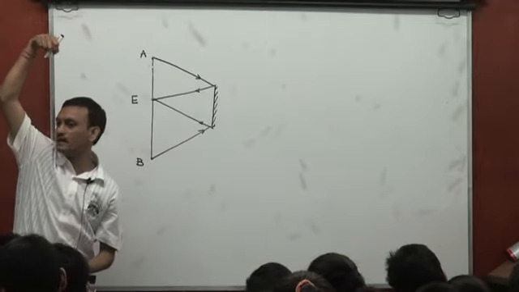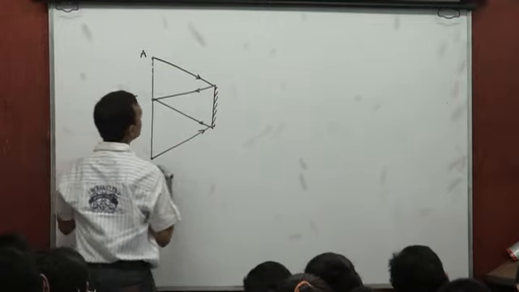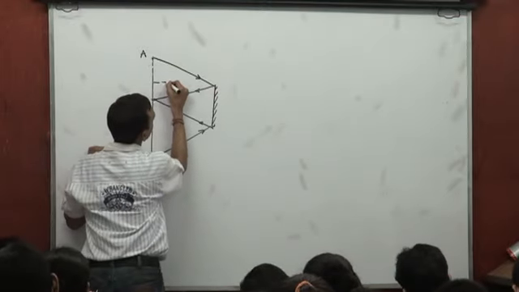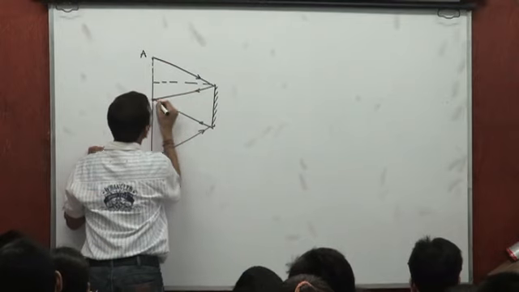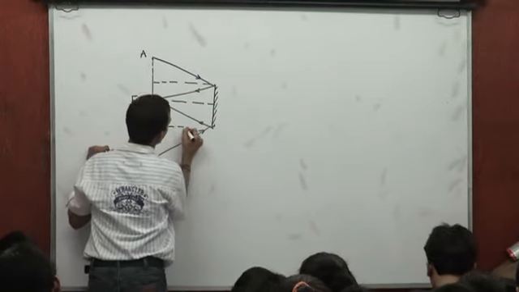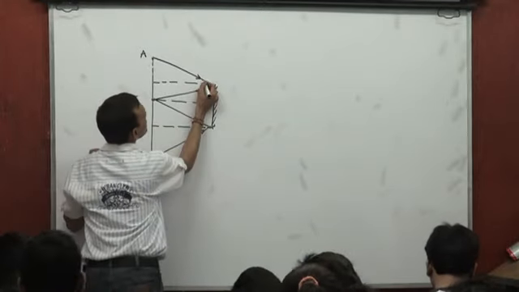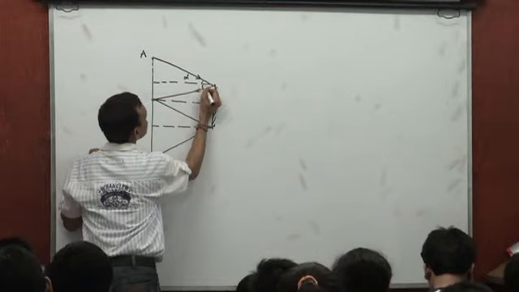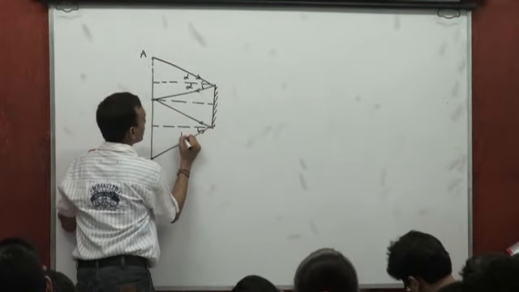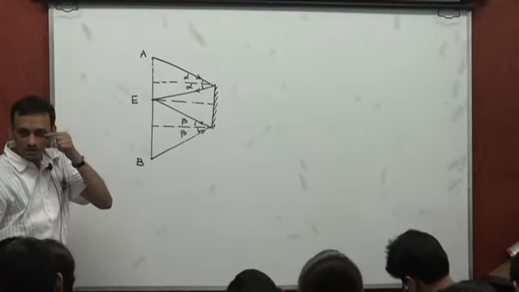If he can see his end points, then he can see himself completely. So this angle is alpha, this angle is also alpha, this angle is beta, this angle is also beta because of laws of reflection.